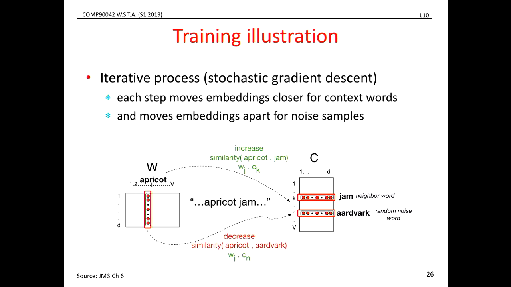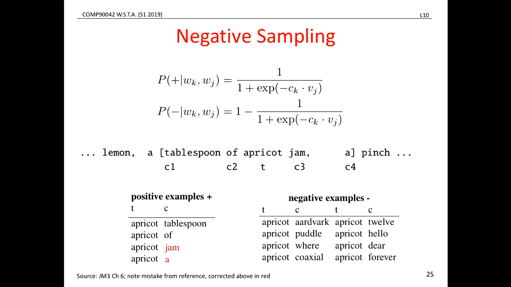Each step is going to try and move the embeddings closer together for words that were actually in context, and it's going to try and move the vectors apart for noise samples. So it's going to basically say apricot should be a long way from aardvark, because that would maximize the probability of this being a negative example. And we're going to try and move apricot closer to tablespoon and apricot closer to jam and so on, because that's going to maximize the probability of it being a positive example.